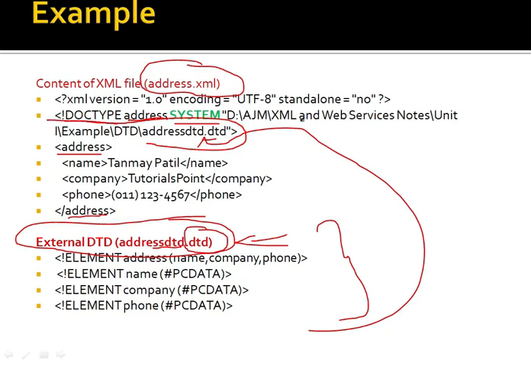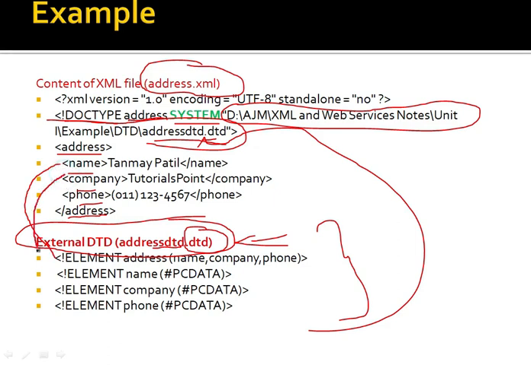This is actually the complete path where the address.dtd file is located. Then here you have name, company, phone. So the name element will follow this rule, company will take this rule, and phone number will take this rule. These XML elements are validated against this DTD.